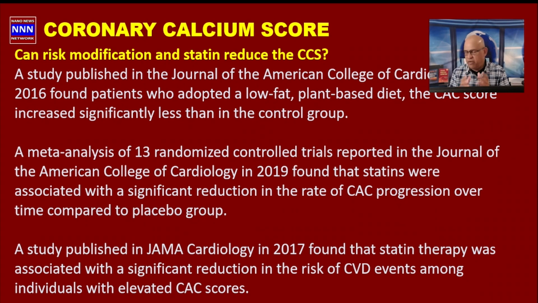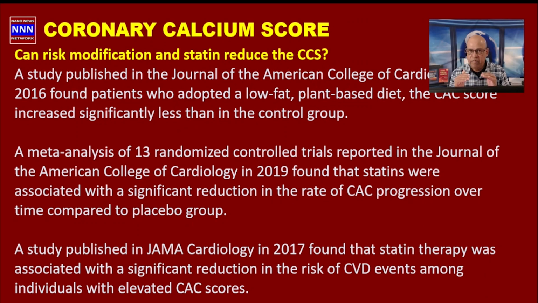If you strictly reduce your risk factors and if you're on statins, that will decrease the rate at which the deposition of calcium in the arteries occurs compared to those who don't follow the same prescriptions.